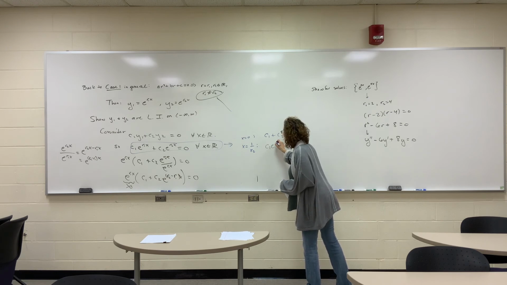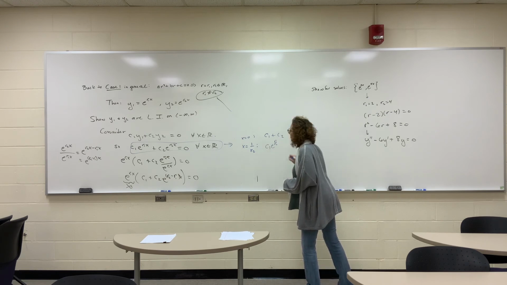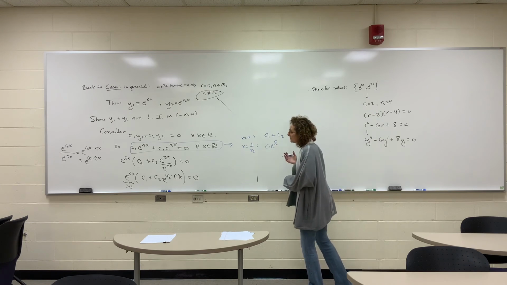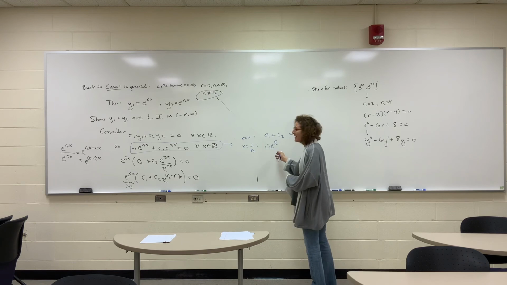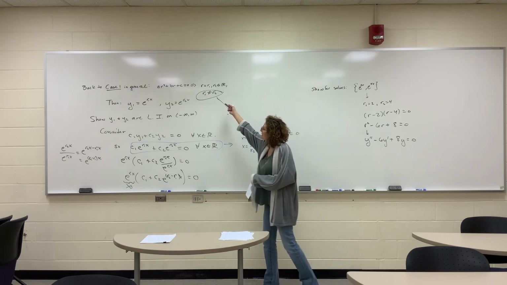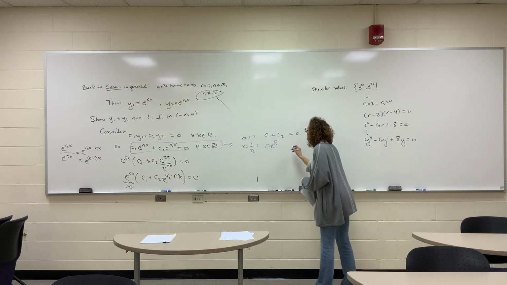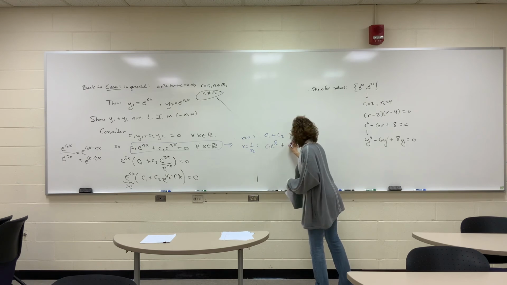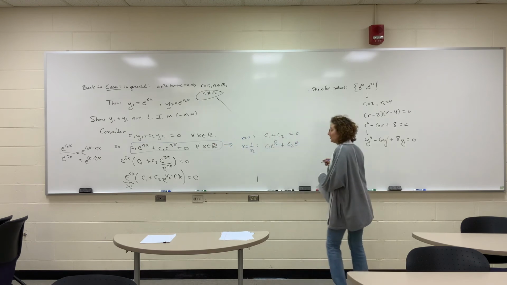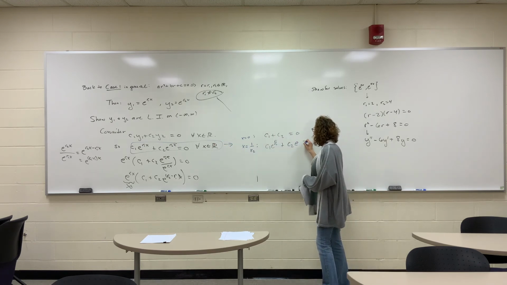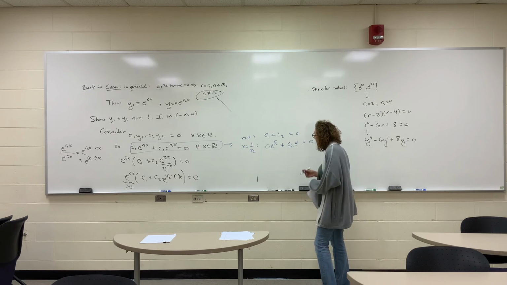C1 e to the r1 divided by r2, yeah? Or if r2 is 0, then divide by the other one. They're distinct, so they both can't be 0, right? Plus C2 times e to the 1, right? Is equal to 0, right?